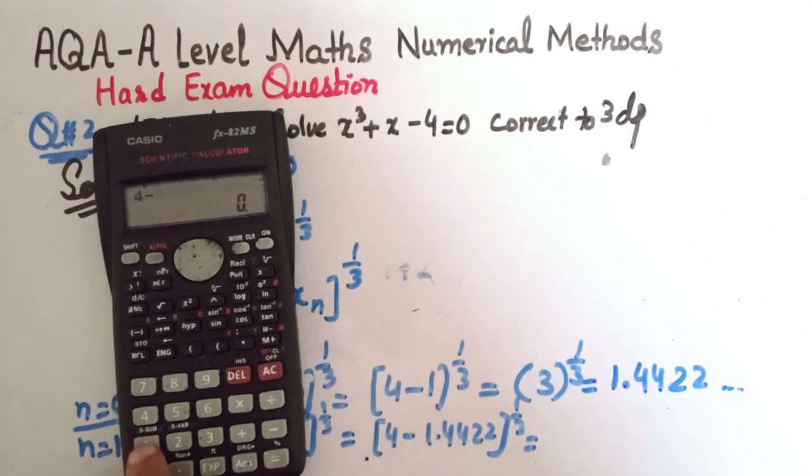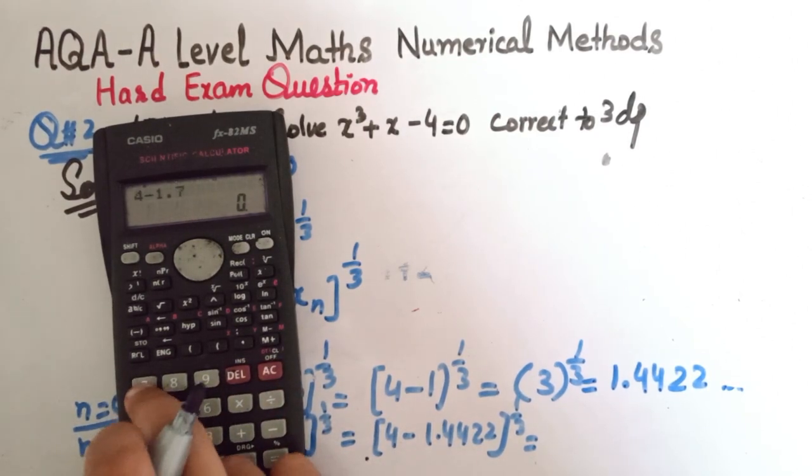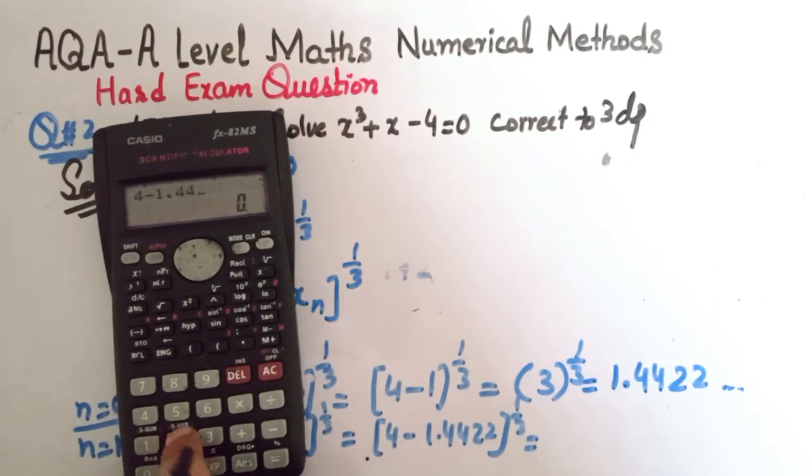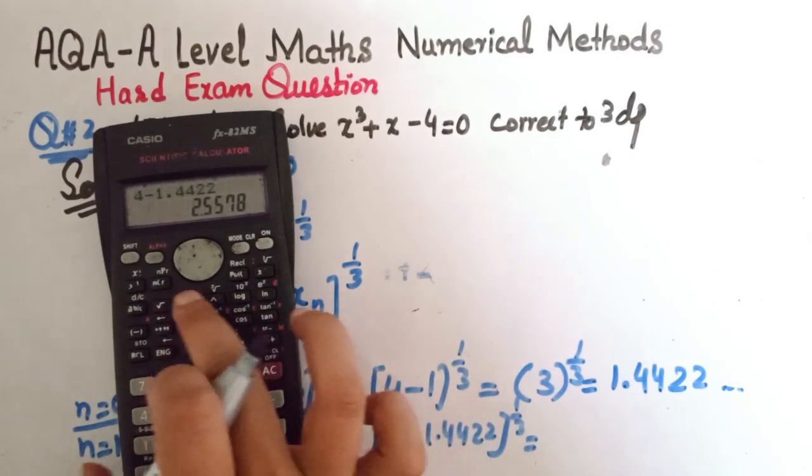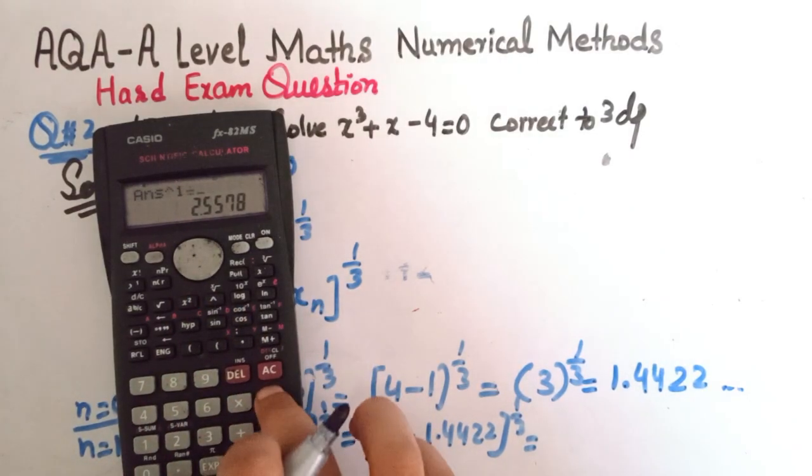So we get 4 minus 1.4422, that gives us 2.5577, and its power is 1 divided by 3.